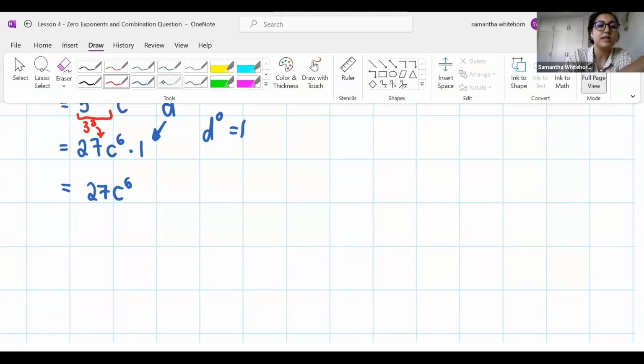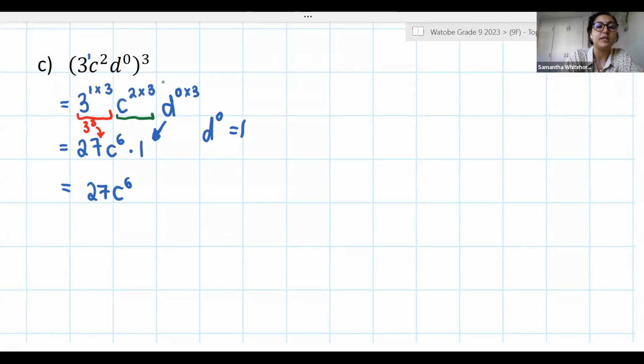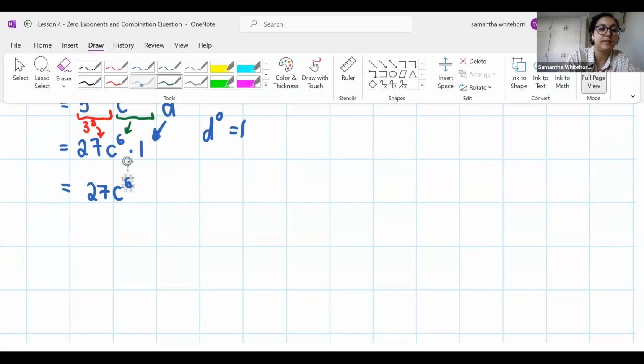And the c to the power 6 came from the c to the power 2 times 3, and we know that 2 times 3 is 6. So just remember to distribute and then check where your 0 exponents are. Because the things with 0 exponents essentially fall away because they're 1 and they don't actually affect anything. And so here our final answer is just 27c to the power 6.